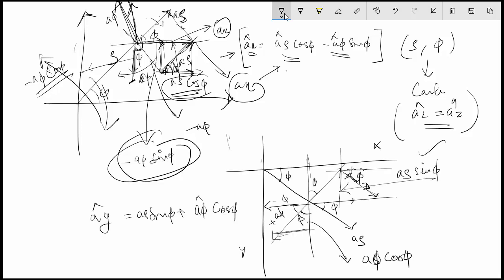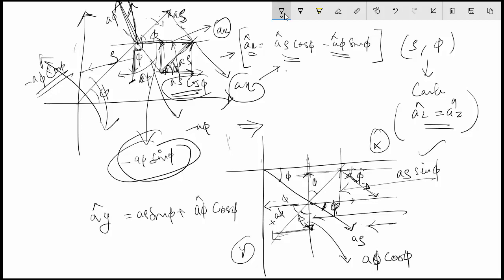Continuing, drawing the same graph in a different way, with the x and y axes, you have a rho, which is the unit vector for the radius of the cylinder, making angle phi with the x-axis. Now you need to find ay, the unit vector in the direction of the y-axis, starting from here and going in this direction.